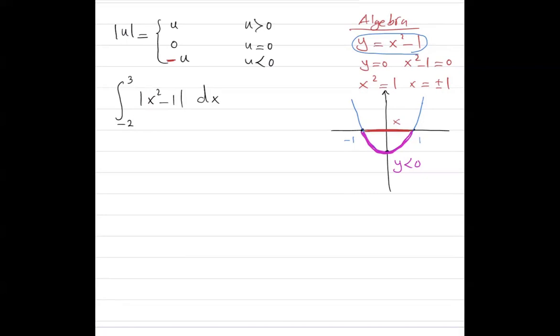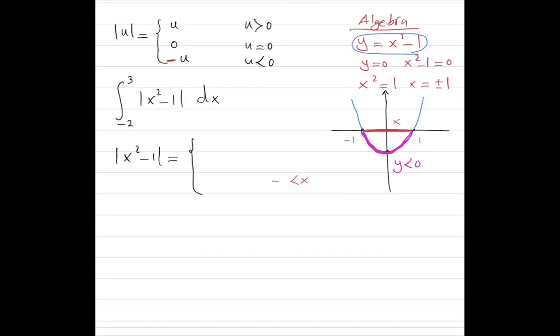So we can simplify this absolute value. The absolute value of x squared minus 1 can be written as follows. When x is bounded between -1 and 1, your y is negative.